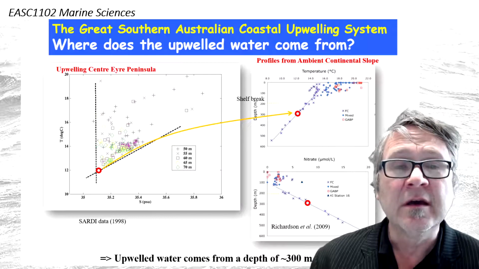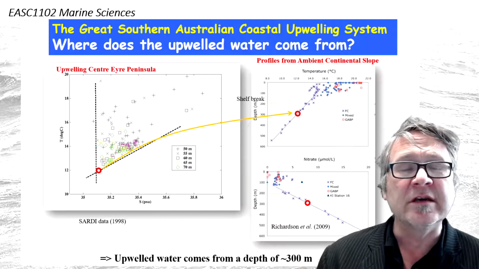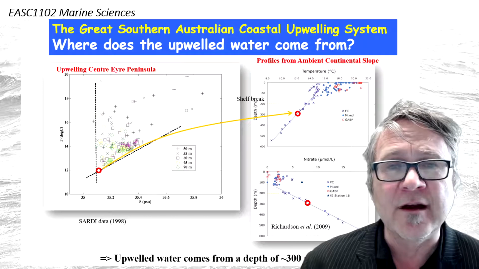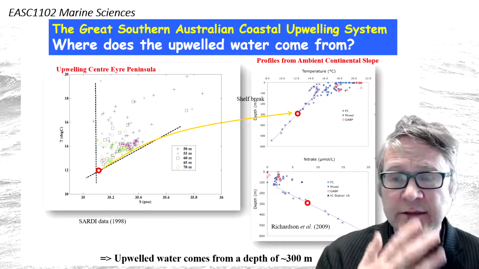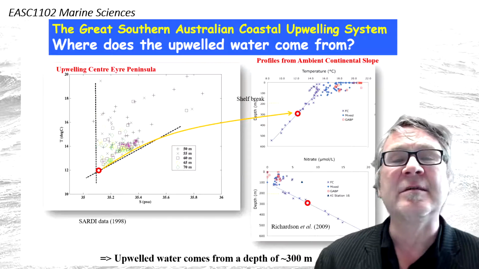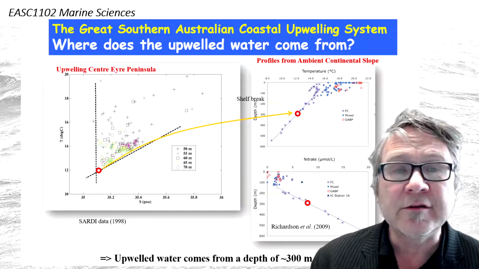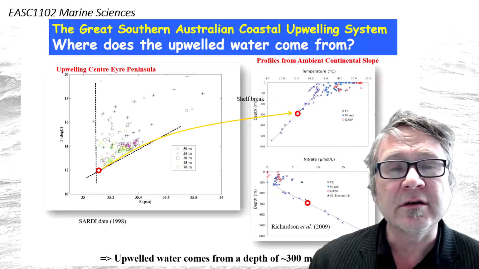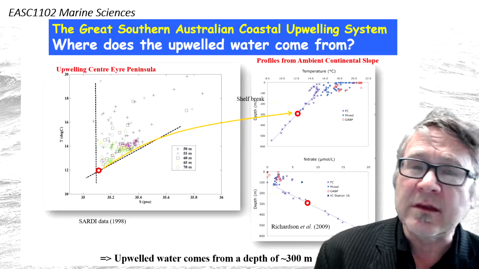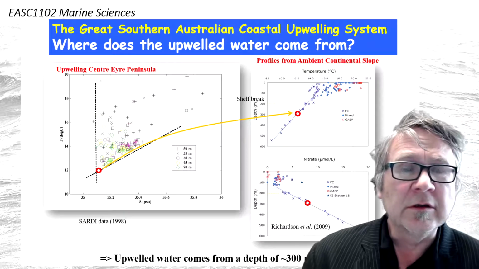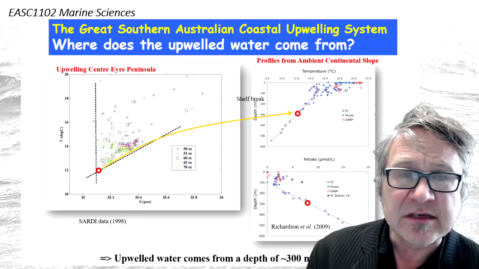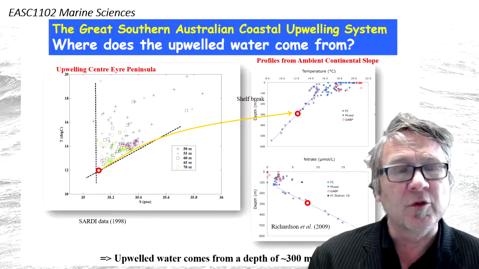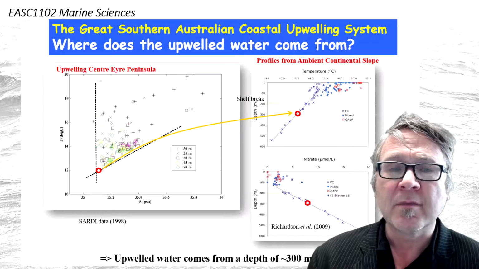From this, you can estimate the coldest water you can find, which has a temperature of about 12 degrees Celsius. So you know there is no local refrigerator in the sea that can produce this water. This water has to come from somewhere.